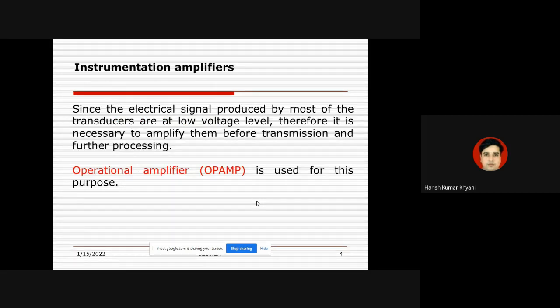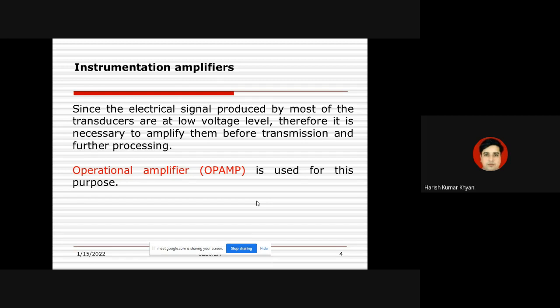In our first class, when we started signal conditioning, we said that the output of transducers usually has a low voltage. So we need to amplify this signal before transmission and further processing, and operational amplifiers are mainly used for this purpose.